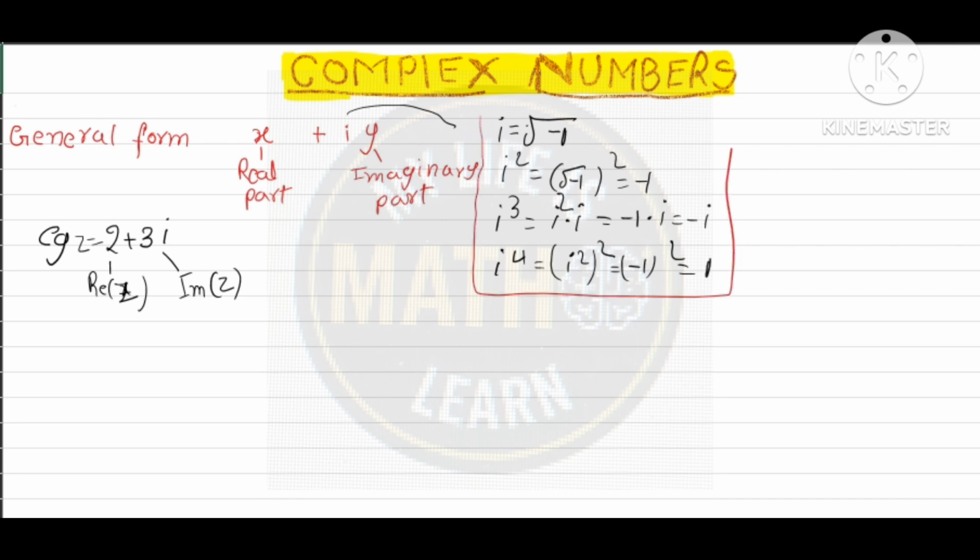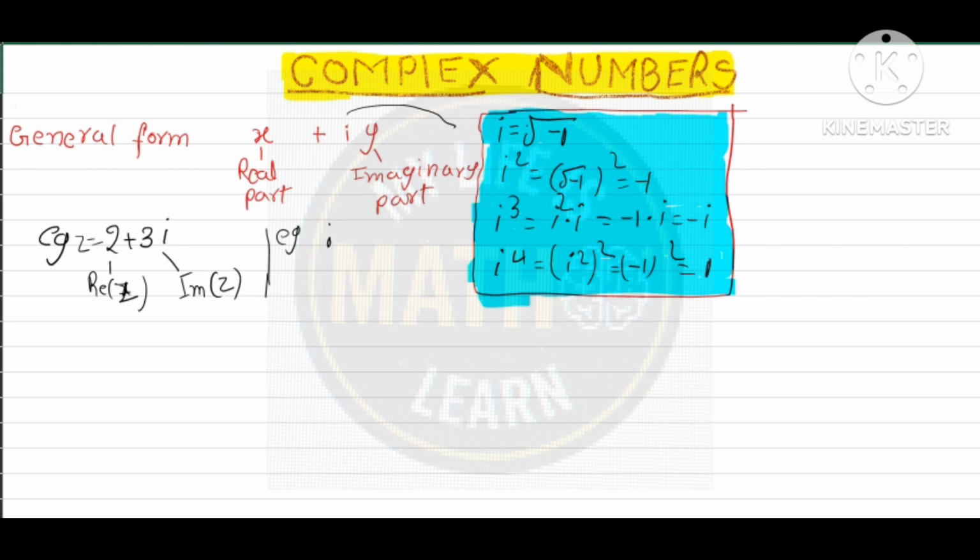Let's check one example problem. i power 1728 is equal to i power 4 into 432, that is equal to 1 power 432, that is equal to 1.